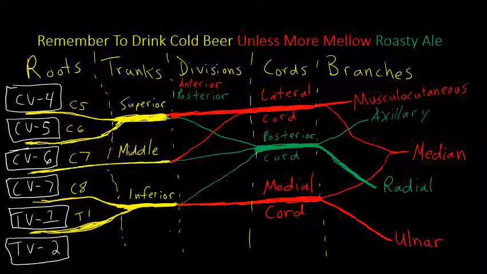And the musculocutaneous nerve forms from the lateral cord and travels down the anterior of the arm, whereas the divisions of the posterior cord will travel down the posterior of the arm.